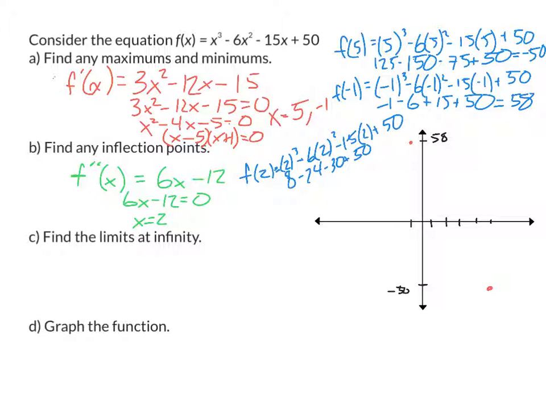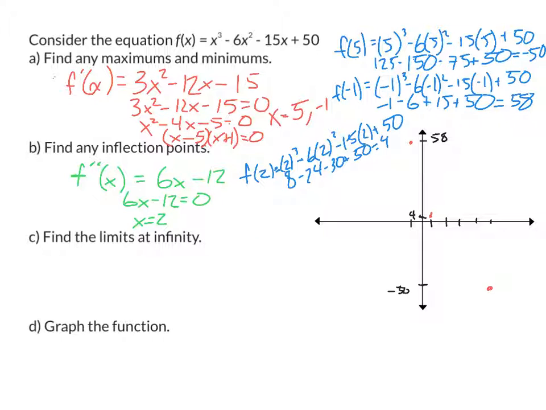Minus 30 more is a negative 46. Plus 50 equals 4. So at 2, we have an inflection point at 4. So 2 comma 4. An inflection point, if you remember, is where we change concavities. So it goes from being concave up to down or vice versa.